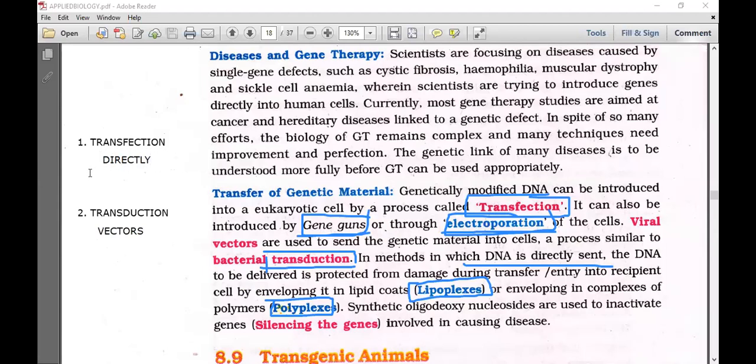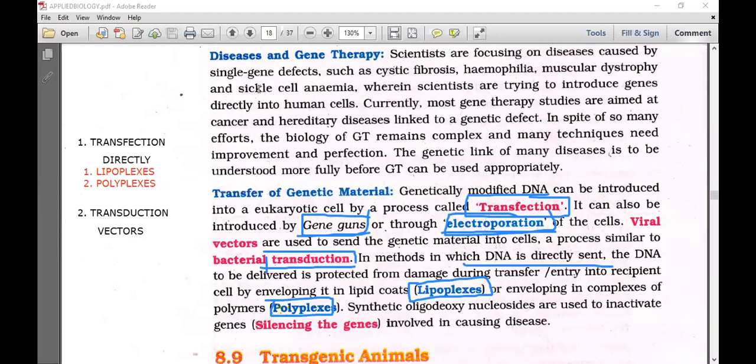When you are sending directly, there is a problem. What's the problem? Damage may happen. So for that we may use a lipid coat, which we call lipoplexes. Lipoplexes or polyplexes can be used as a coat. Then how are we sending, that is another thing.